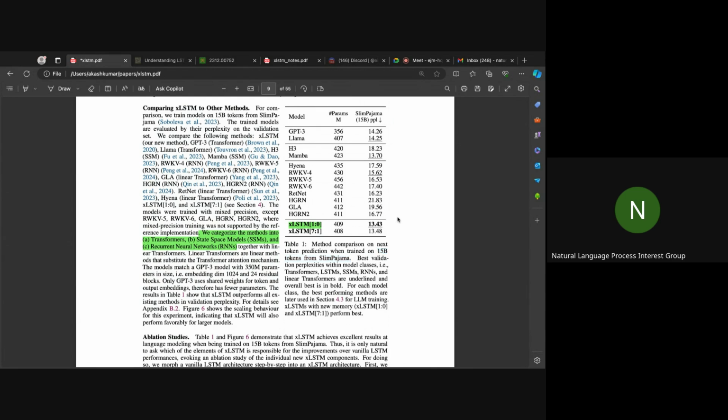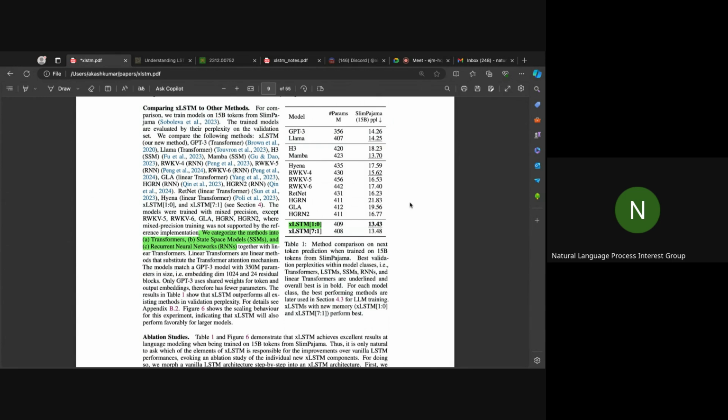And surprisingly, the xLSTM architecture, the one with ratio 1 to 0, which is basically the mLSTM block, gives the lowest perplexity as compared to the transformer models of GPT-3 and the Llama models, and also the state space models, the Mamba and the H3 model.